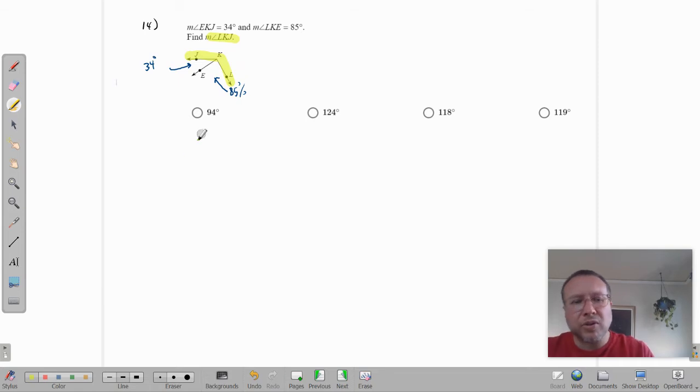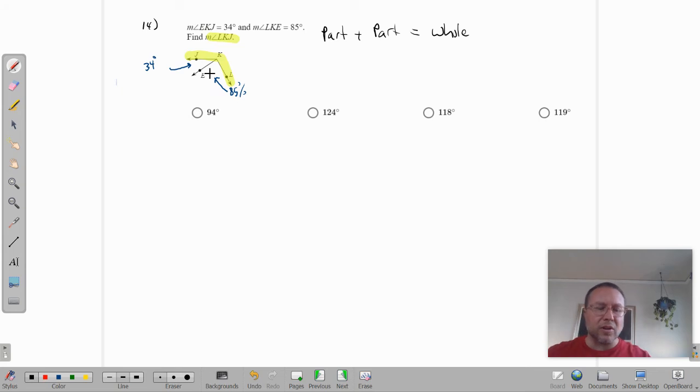Oh, so this is still the same idea of part plus part equals whole. It's just instead of a part of a segment, now we're saying part of an angle. So part of an angle plus part of an angle is equal to the whole angle. Well, if this part is 34, this part is 85, let's just add those two things together.